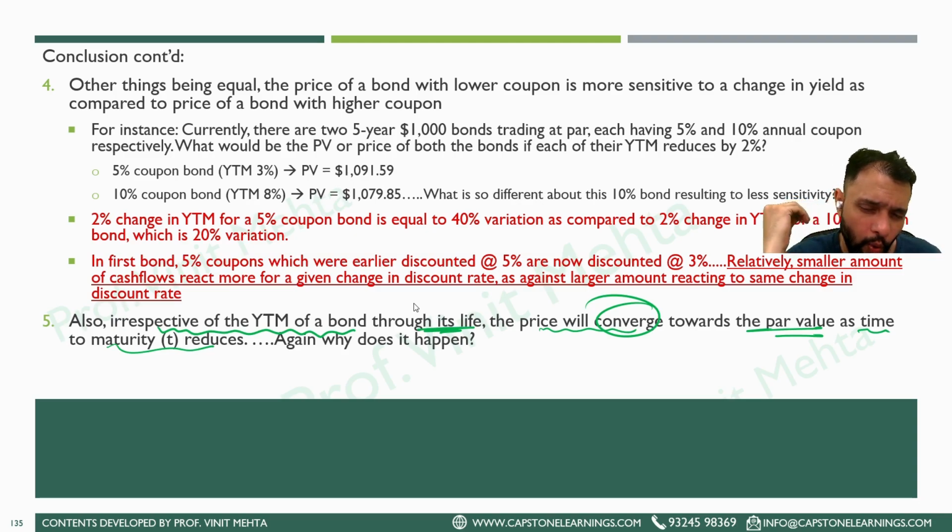No. Less uncertainty would reduce the YTM. Less uncertainty would reduce the risk, and when the risk reduces, the YTM reduces. And when the YTM reduces, the price increases, because there are fewer cash flows to discount.